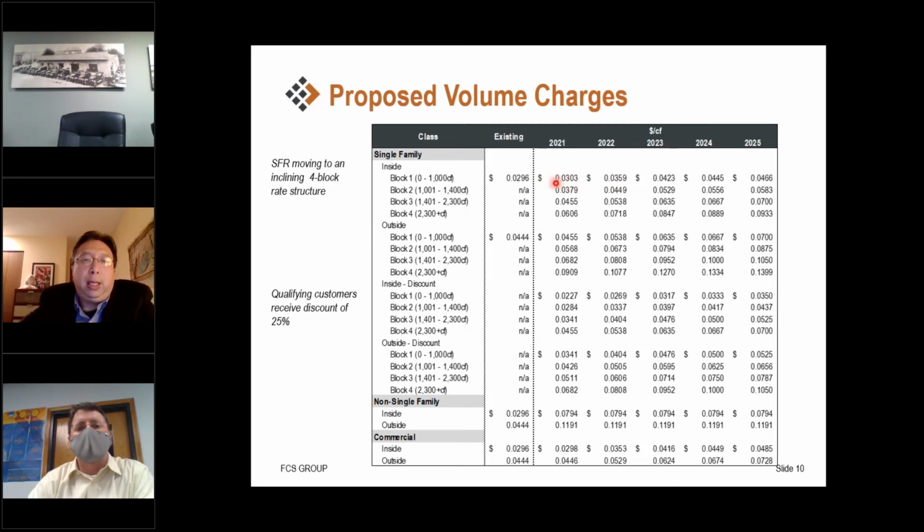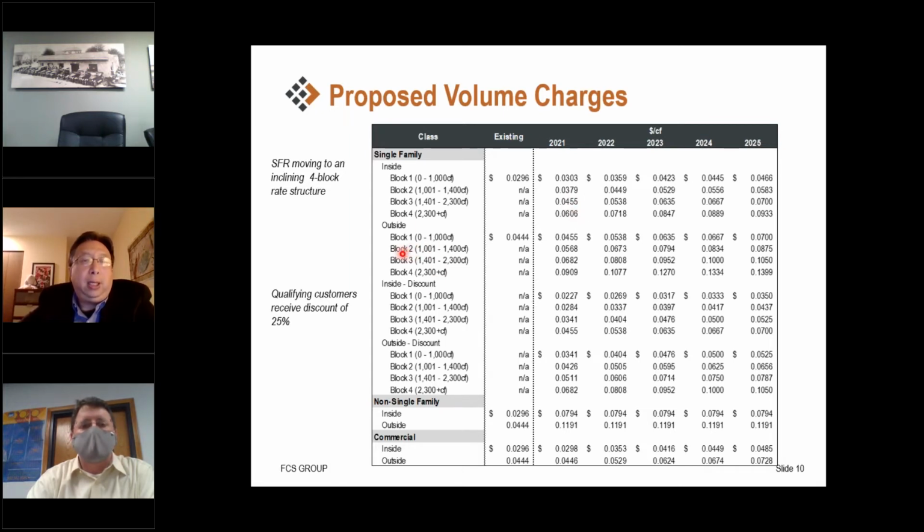Therefore, the rate difference between what we're charging now and what we're recommending for block 1 is not as large as the differential between what we're charging now versus blocks 2, 3, and 4.